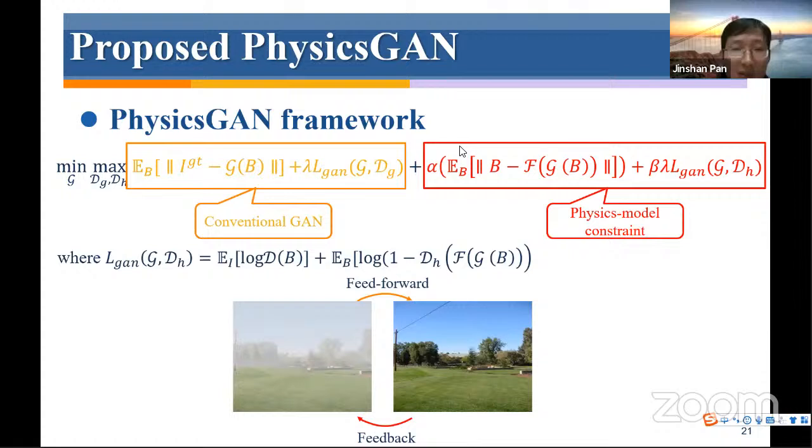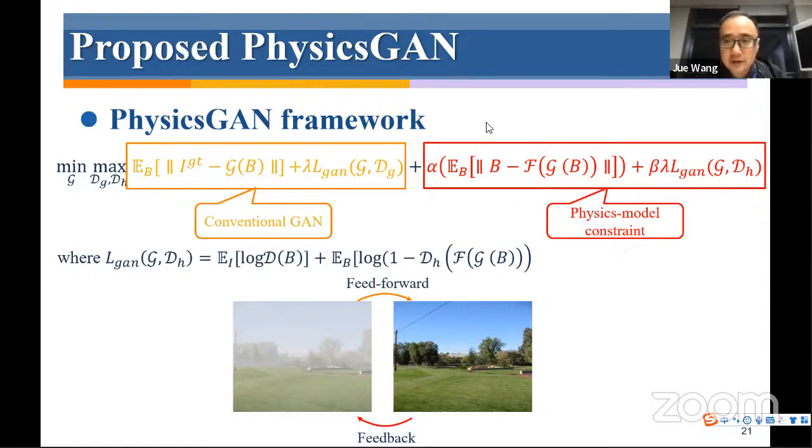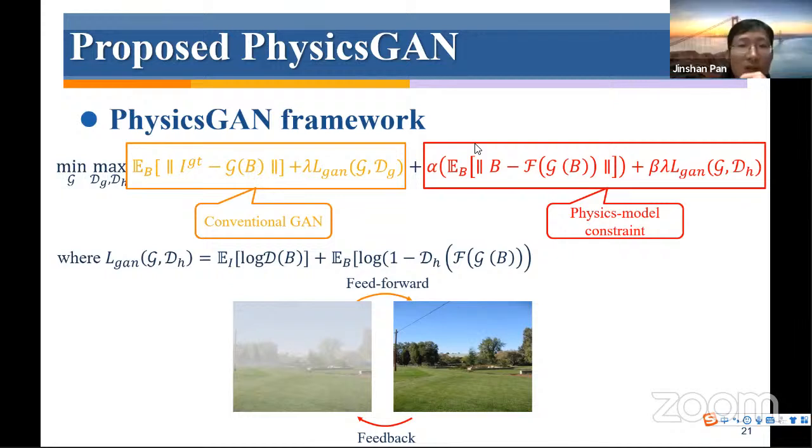So how do you determine the alpha here? It's just a fixed parameter, the weight. Yes, the alpha is determined empirically based on the experimental results. So we don't have any theoretical results on this value. It is just based on the experimental results.